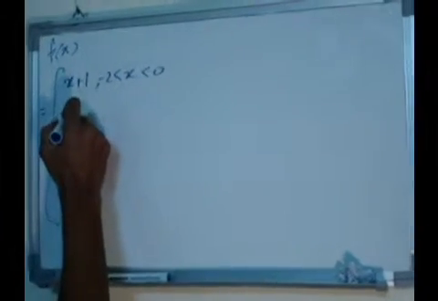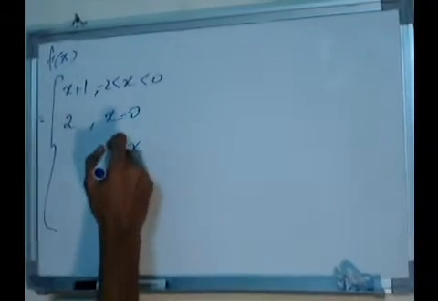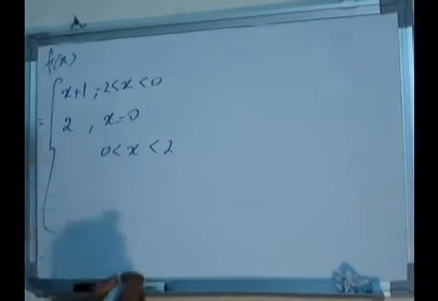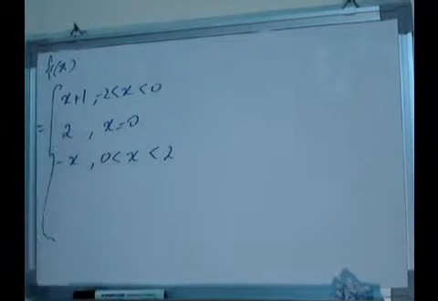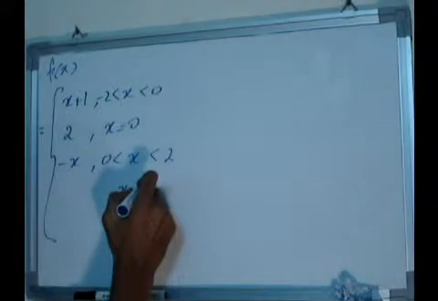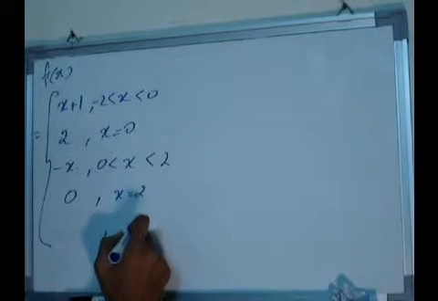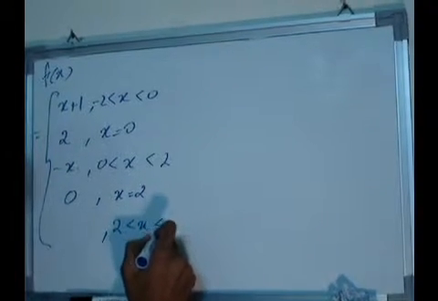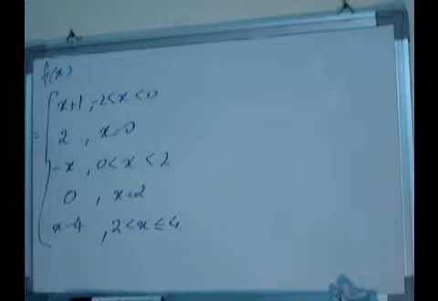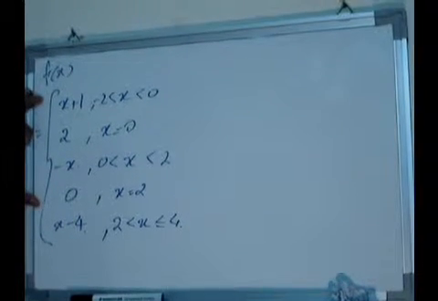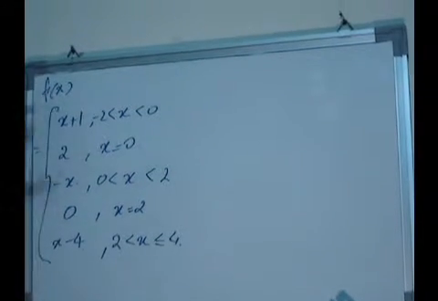The function is 2 for x equal to 0, and for values of x between 0 and 2, the function is -x, and for x equal to 2, the function value is 0, and for x between the values 2 and 4, it is x minus 4. Let's plot the graph of this function to make it evident that at certain values of x, the function is discontinuous.